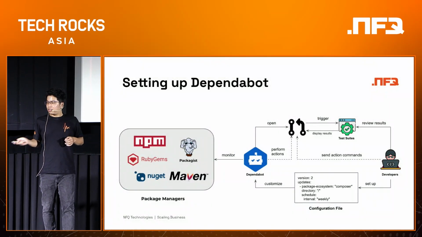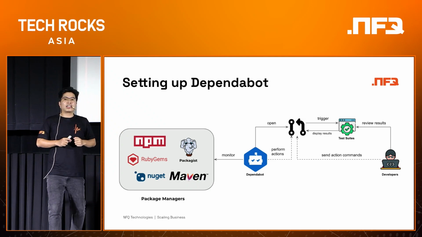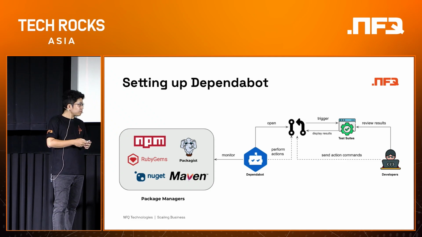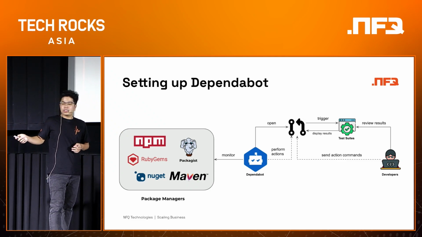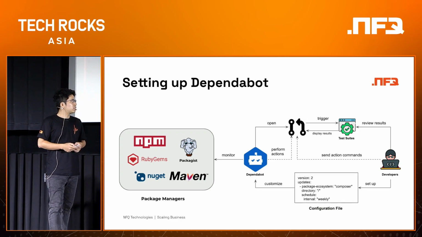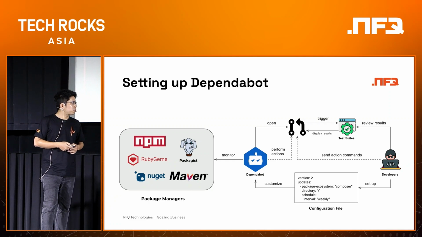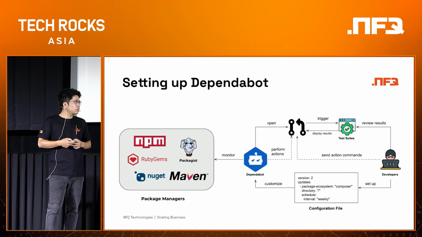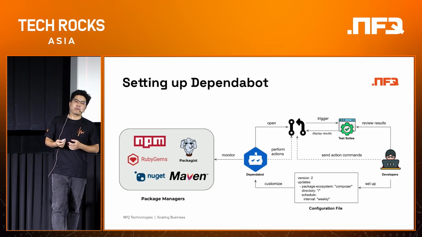All right. So I'm talking about how we can set up Dependabot in your project. It's a very straightforward process. It can be done very easily. You can just enable Dependabot in the security section in your project settings, and you can add a configuration file for Dependabot. It's called the Dependabot YAML.